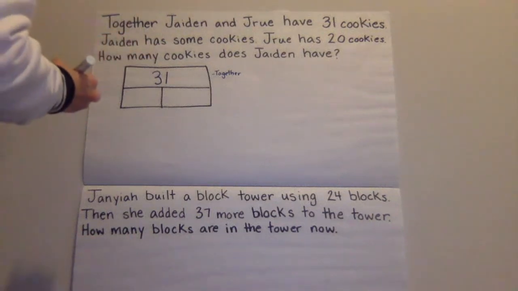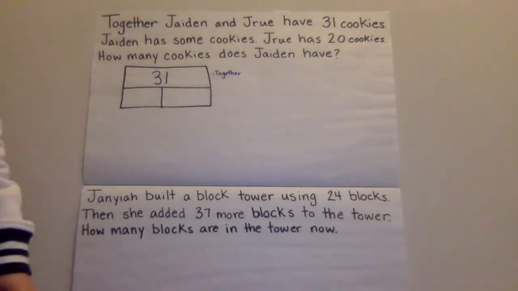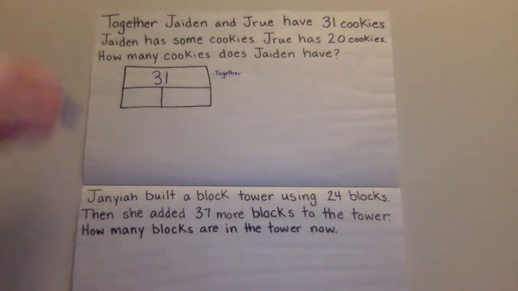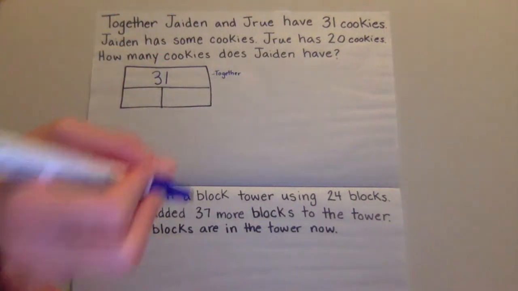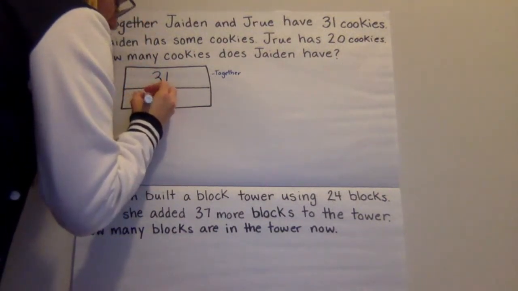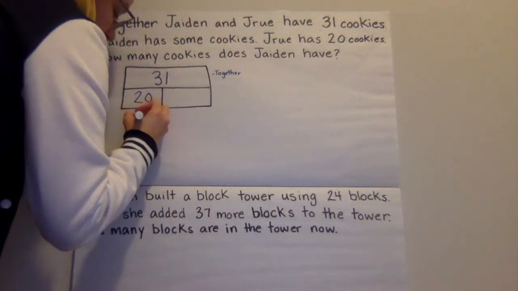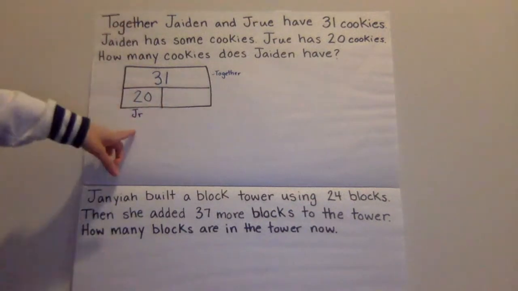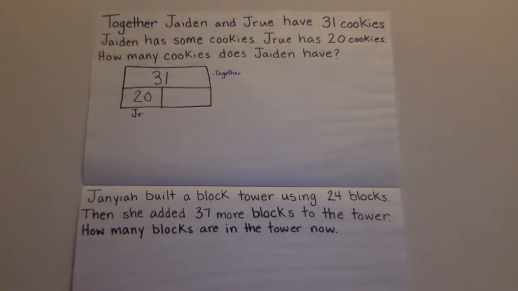No. Drew has 20. Do we know how much Drew has? Yeah, and so the amount that Drew has is one of the parts. Go ahead and write Drew's here. 20, and label that J, R for Drew.